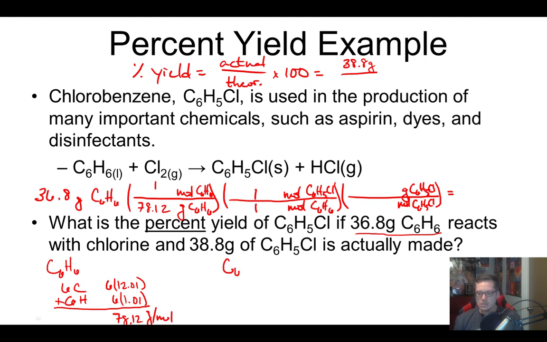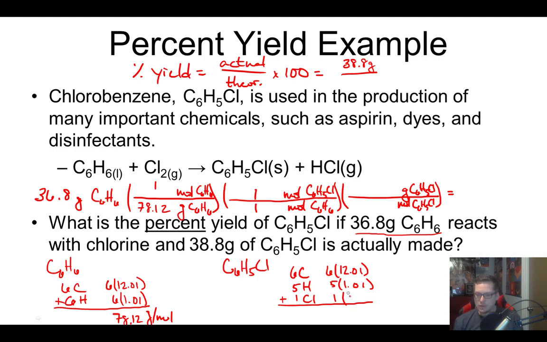Now we're going to go from moles of chlorobenzene to grams of chlorobenzene. So that's our C6H5Cl. And we got to figure out the molar mass of this thing. So we got 6 carbons, 5 hydrogens, and 1 chlorine. Add all those guys up. So 6 times 12.01 plus 5 times 1.01 plus 1 times our chlorine, which is, let me double check, 35.45.